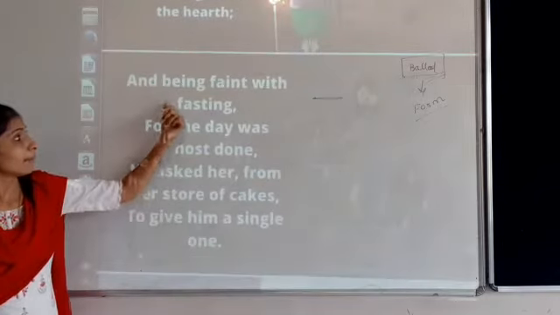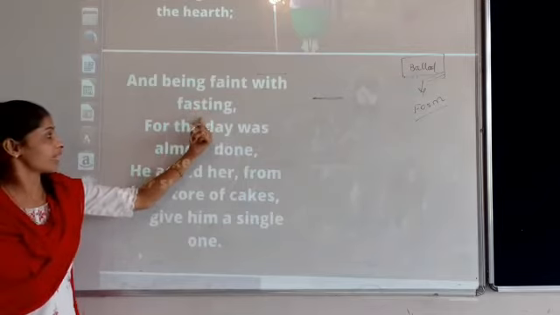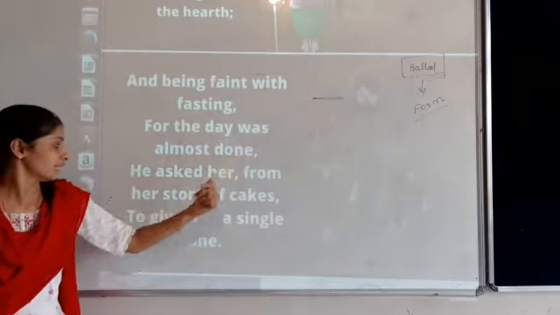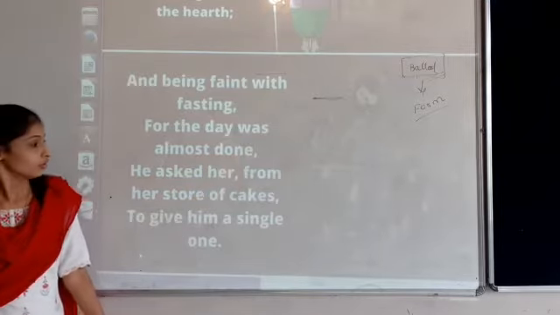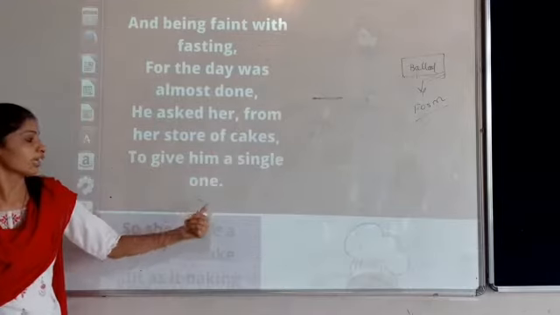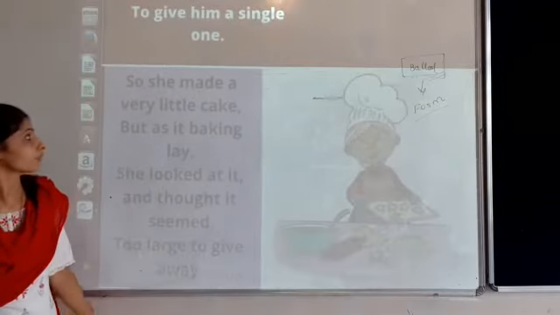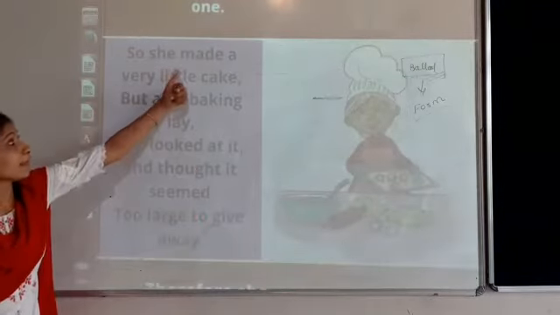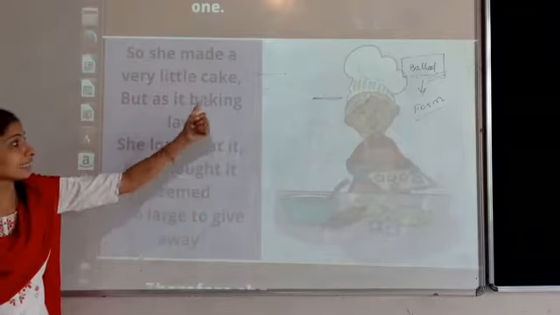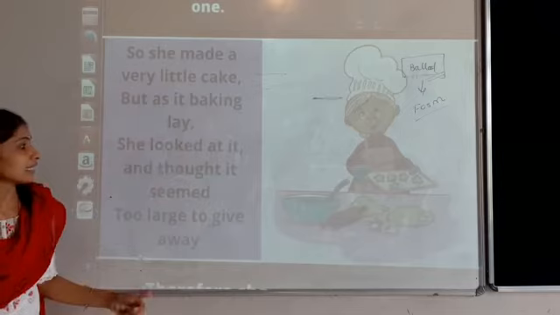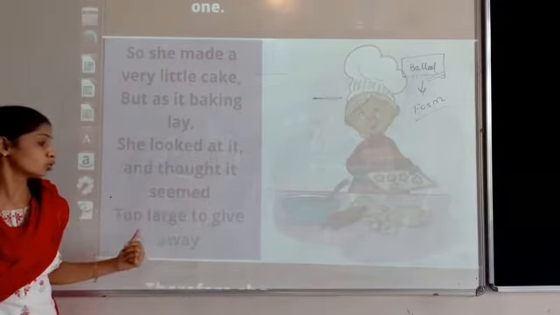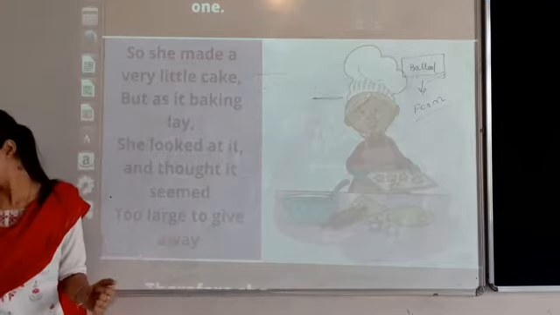And being faint with fasting, for 40 days was almost done, he asked her from her store of cakes to give him a single one. So she made a very little cake, but as it baking lay, she looked at it, and though it seemed too large to give away.